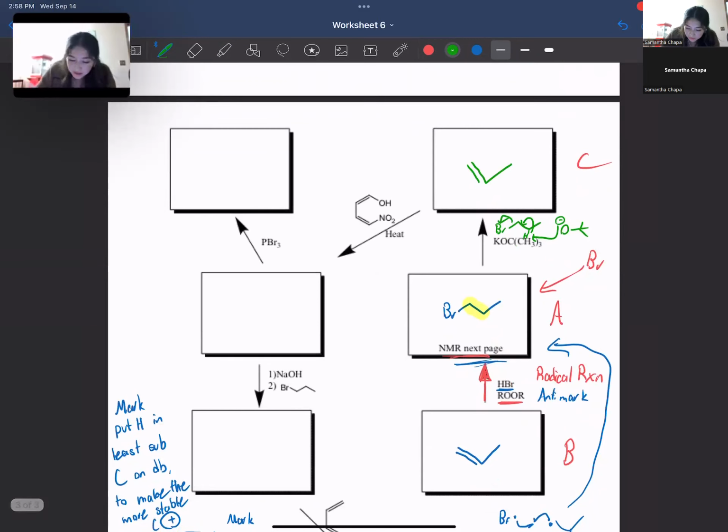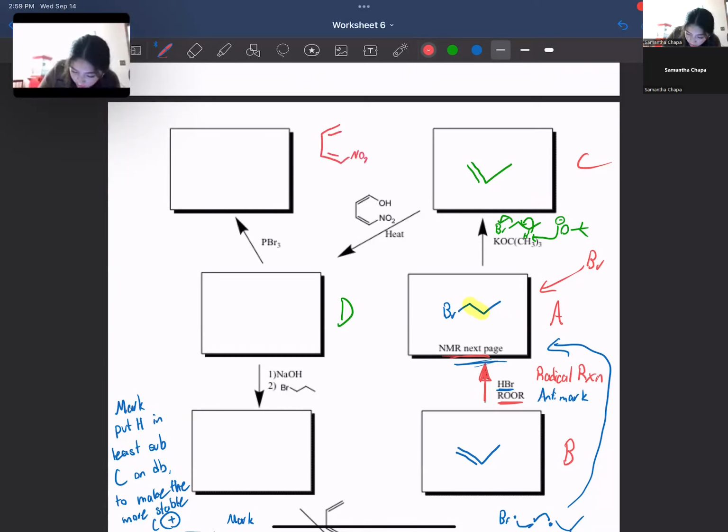A, B, C, and let's move to D. Okay, so in D, you have a diene and you have a dienophile, and you have heat. So we know that we're going to undergo a Diels-Alder reaction. For this one, I think it always helps to do the mechanism, and it's kind of easy to do the mechanism for this one just because all the steps are concerted.